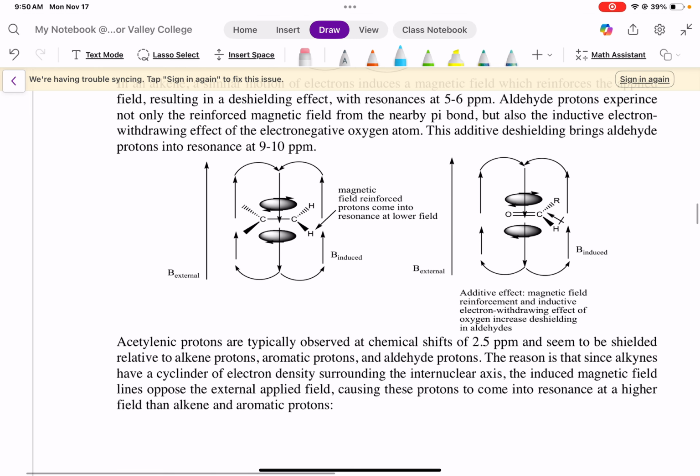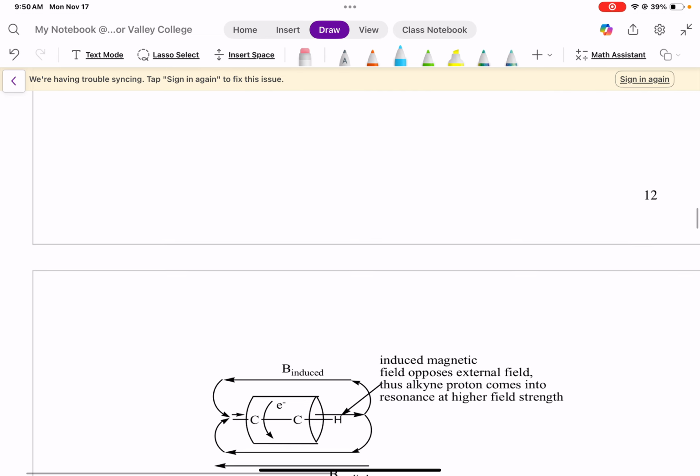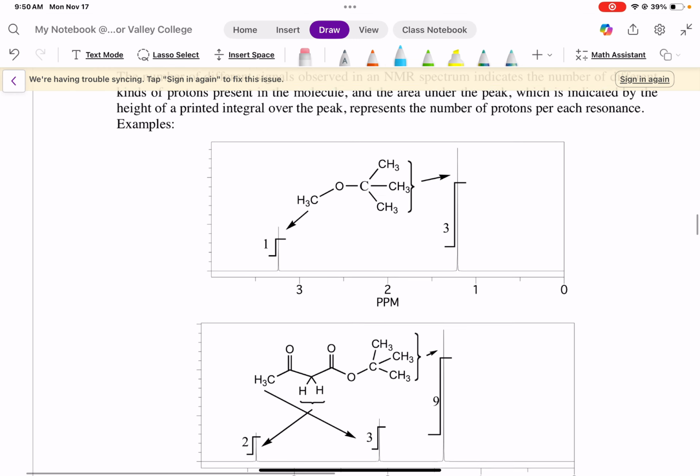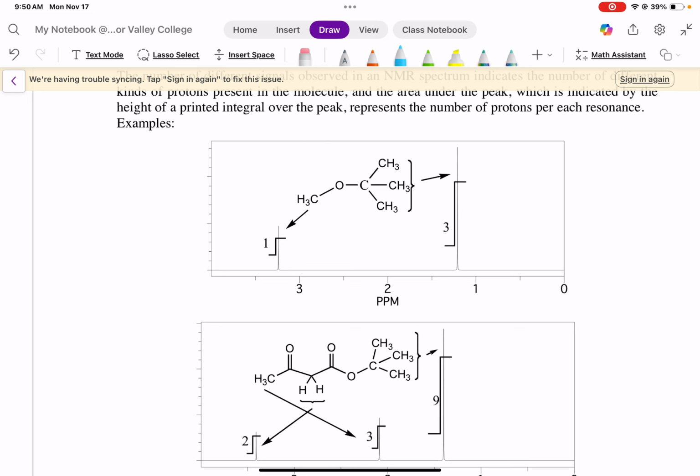All right, so let me skip over this one. So that's chemical shift, very important. Right here, a couple of practice problems for us. We've got 9 hydrogens. That's lower than this one, because this one is right on the oxygen, almost on the carbon next to oxygen.